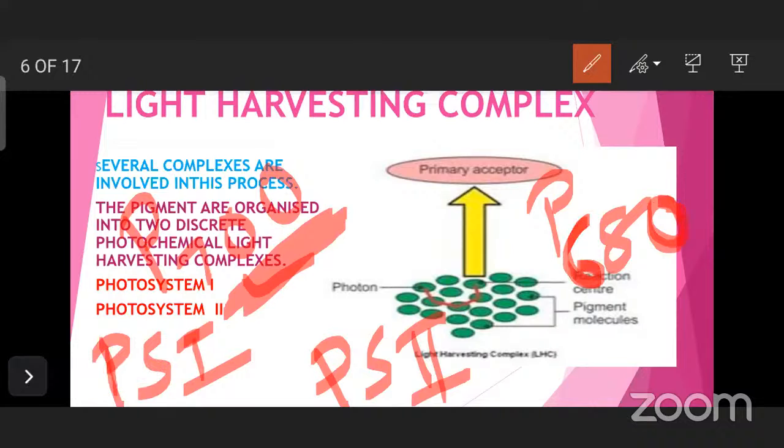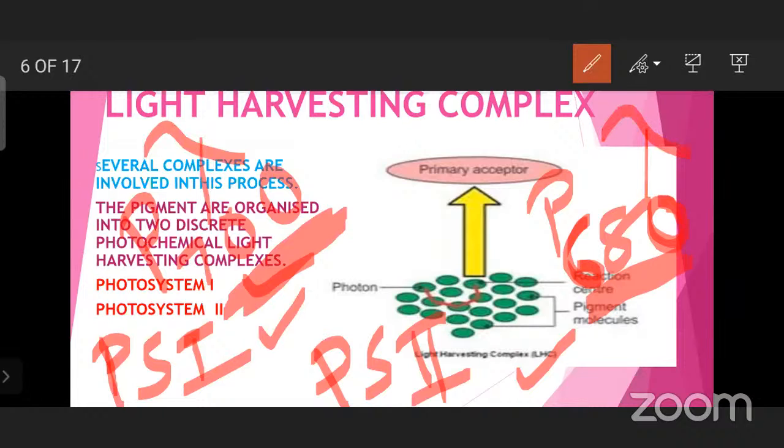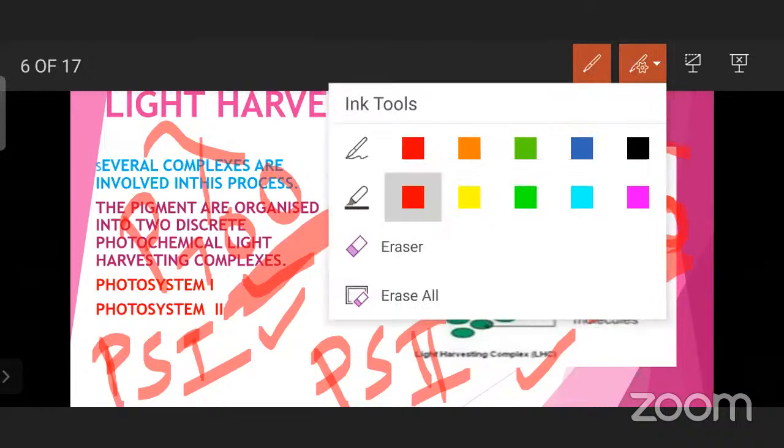P680 is photosystem 2, where 680 is the wavelength. This is also a red light area, where red light is trapped, and the light harvesting complex traps the solar energy, and here also the electrons jump. So both are similar things, only the wavelength differs. 680 nanometers and 700 nanometers of wavelength make photosystem 2 and photosystem 1.